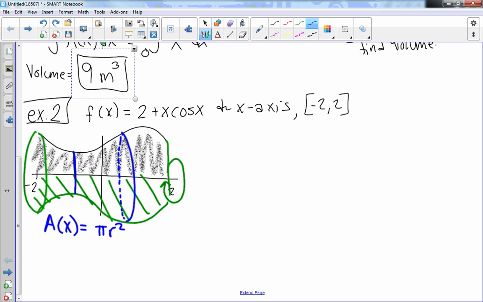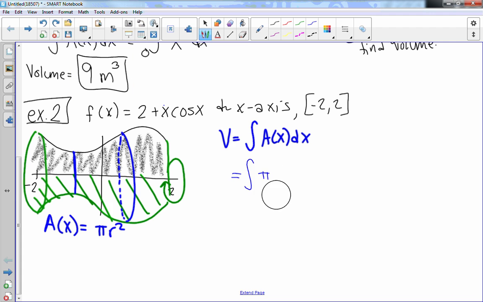Okay? So to find the volume, we're going to integrate the area with respect to x. Now, what would that area be in this case? Pi is just a constant, right? Since it's a multiplier, we can pop the pi out in front. R squared.